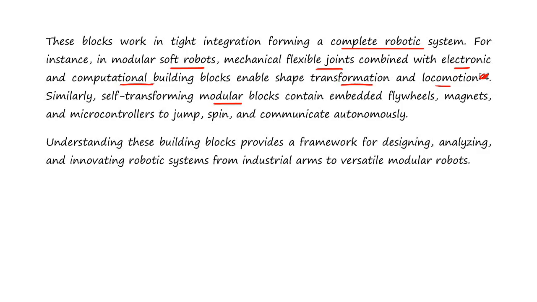They contain embedded flywheels, magnets and microcontrollers to jump, spin and communicate autonomously. So, basically my dear students, understanding these building blocks provides a framework for designing, analyzing and innovating robotic systems, from industrial arms to versatile modular robots.